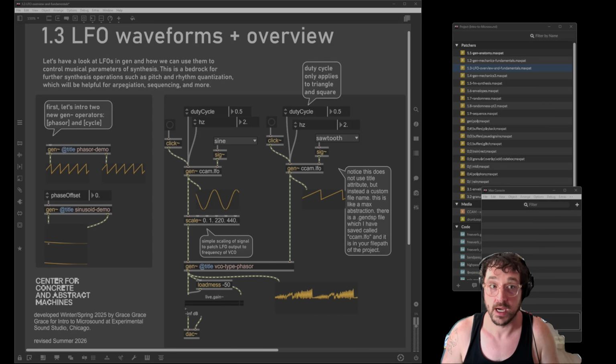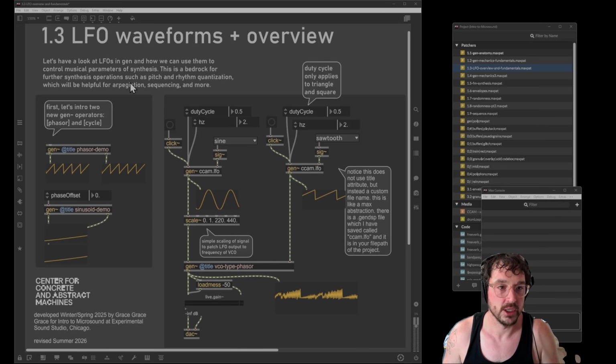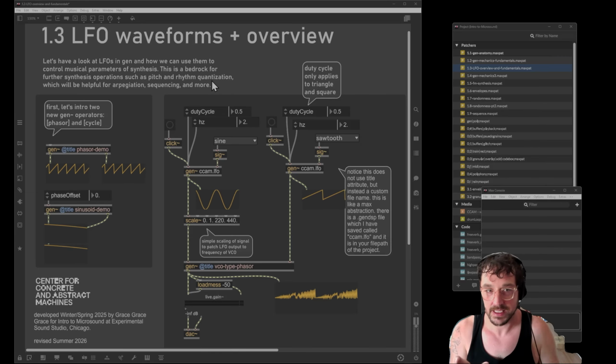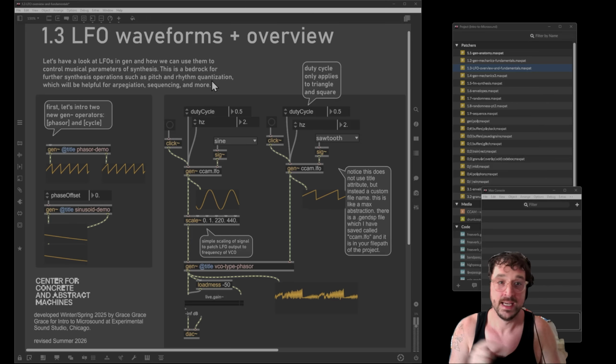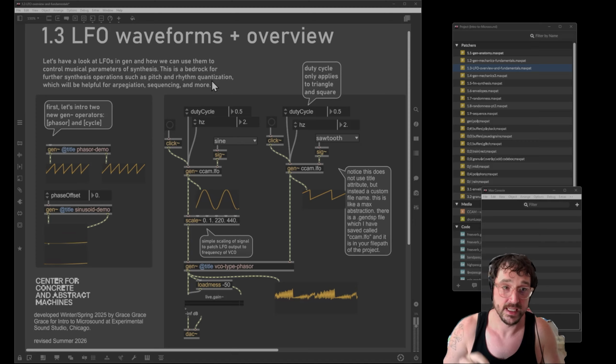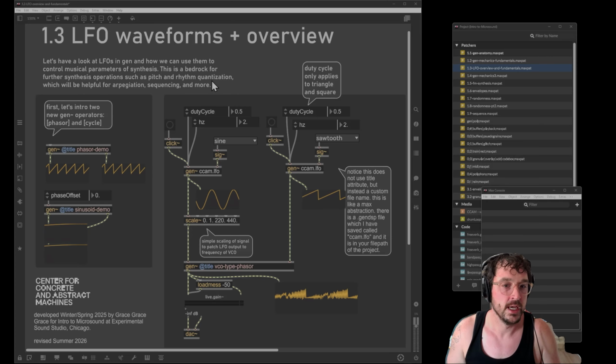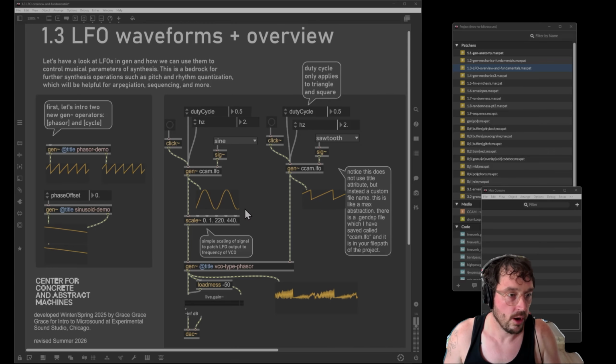We can also do other things like, as I mentioned, quantization, so segmenting time in particular ways, and segmenting signals for pitch in particular ways, so we can get scales, arpeggios, and so on.